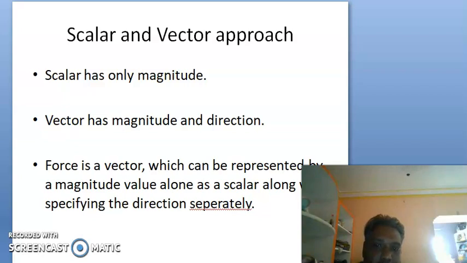So force is basically a vector which can be represented by a magnitude value alone as a scalar, along with specifying the direction separately. So though it is a vector, we can represent it as a scalar value where it is essential to indicate the direction.